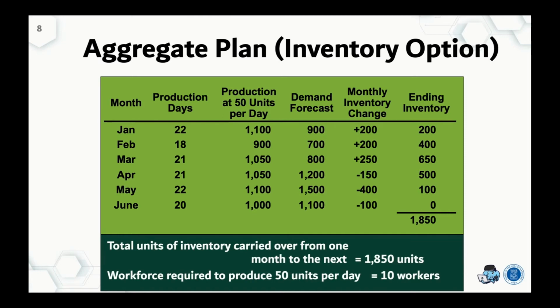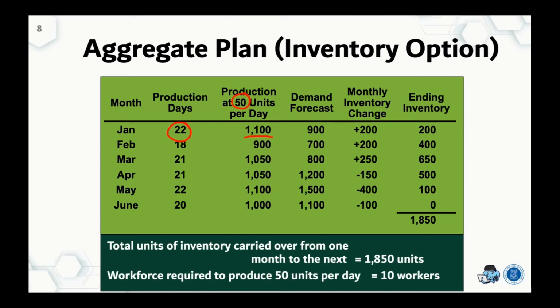Let's see the inventory option as our first strategy in the aggregate plan. Starting from the month of January, we have 22 production days, and with this option we should produce at the same rate, which is the average number of units that we already calculated before. So with a speed of 50 units per day, we get 1100.